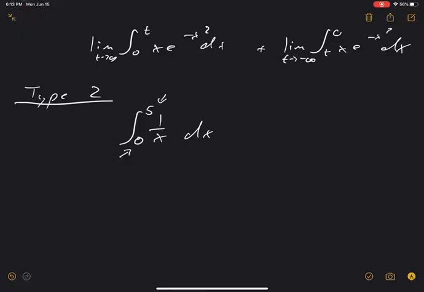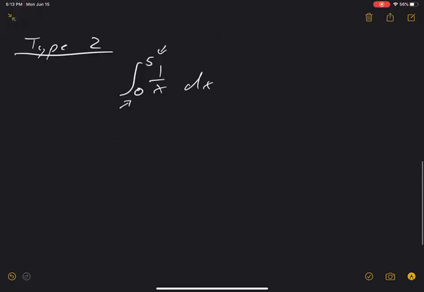My function is going to go up to infinity at that point 0. So I need to handle this the same way I handle my infinities: I need to turn that into a limit, and this time the thing I'm replacing with t is my discontinuity.